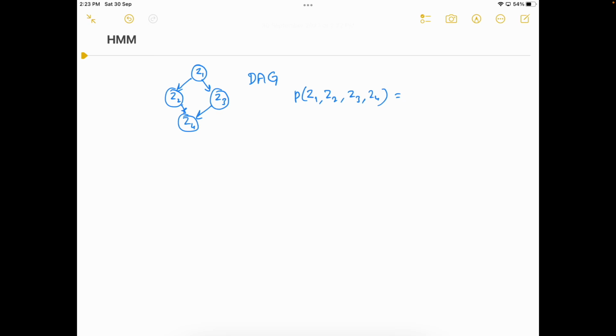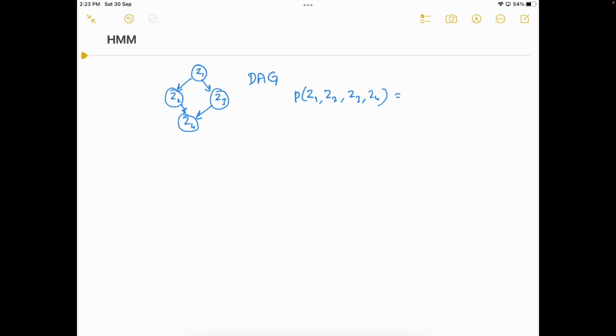If I don't give you any conditional independence conditions, how will the graph look like? This is the kind of PDF.